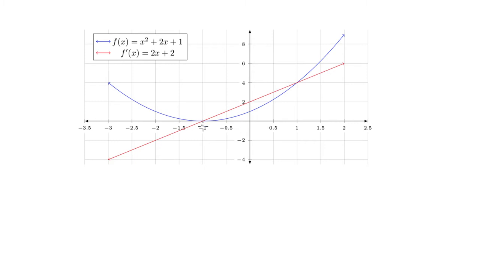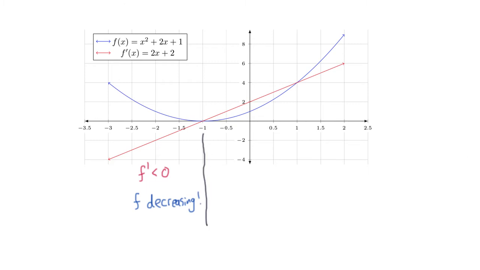And look at -1. To the left of -1, we have f prime, the derivative, less than 0. But the function f is decreasing. And then we have the cutoff point right here at -1.